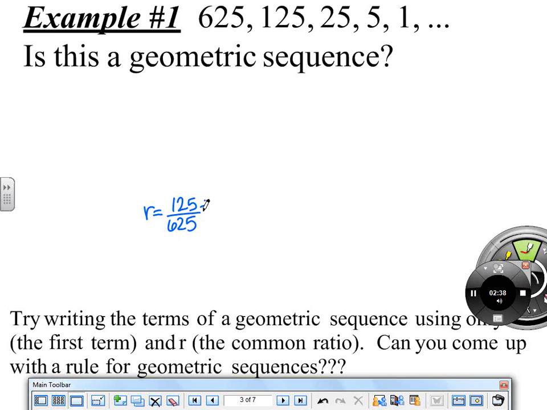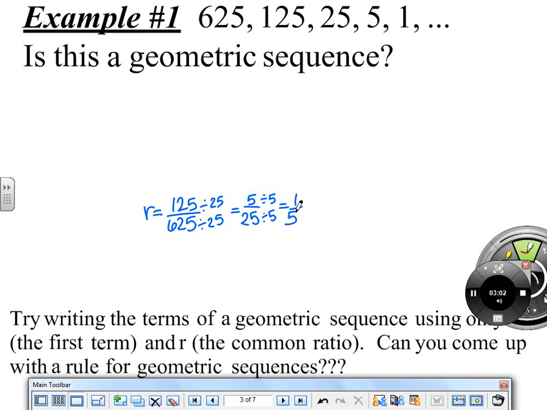And then I'm going to go ahead and reduce this. I think 25 goes into both of these. 25 goes into 125 5 times, and it goes into 625 25 times. And I could have reduced by more. And I see that I get a ratio of 1/5.